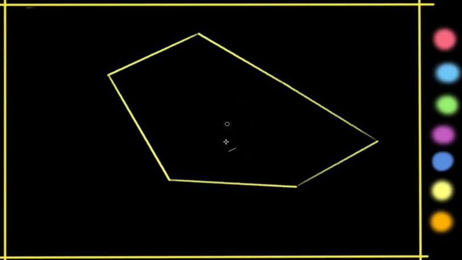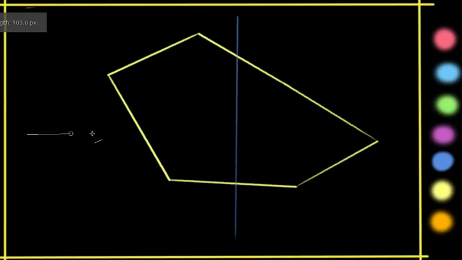Okay, so now maybe I'll draw my axes as well. So let's draw a y-axis, something like that. Should probably do it in a different color. There's my y-axis. Here's my x-axis. Something like that.